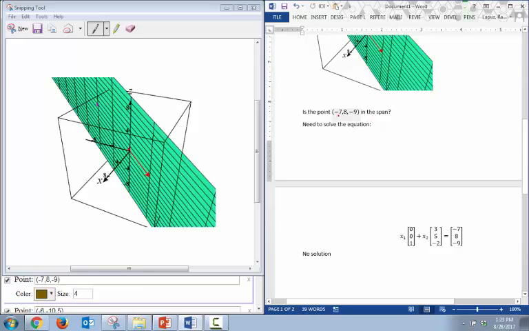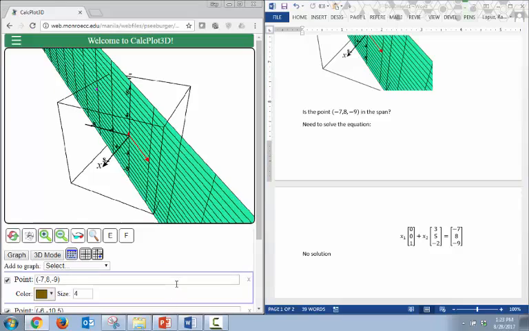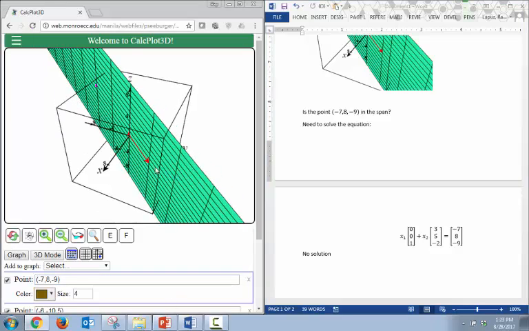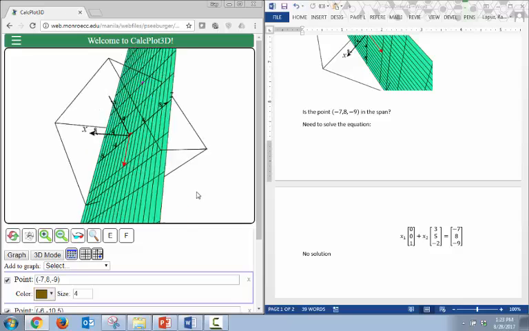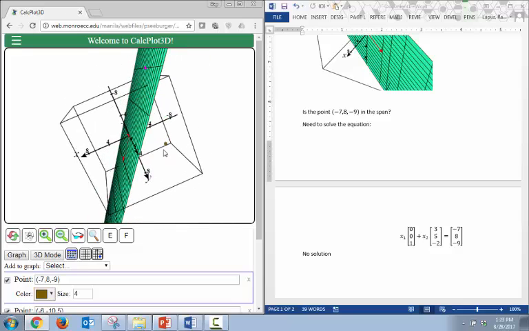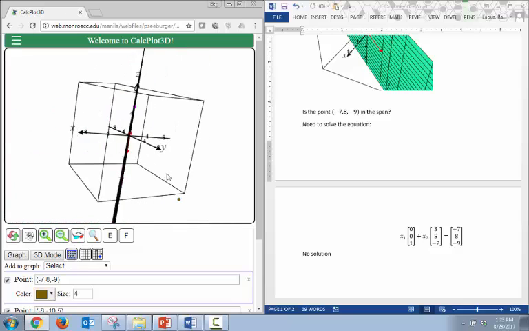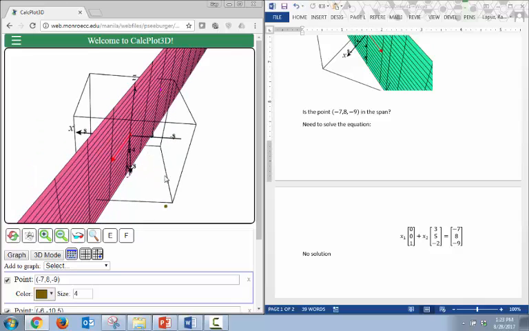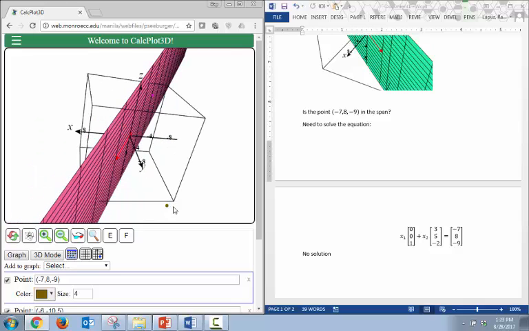And then we got this last one where we didn't have the span, and that's because that point was not on the plane. I don't know if you guys noticed, that point's sitting over here. Right here.